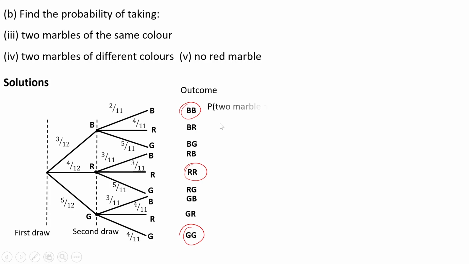So we can say the probability of two members of the same color is going to be the probability of blue-blue, plus the probability of red-red, plus the probability of green-green, this and this, which will be equal to here. The probability here will be, for you to get a blue, you multiply this probability and that, which will be equal to 6 over 132.